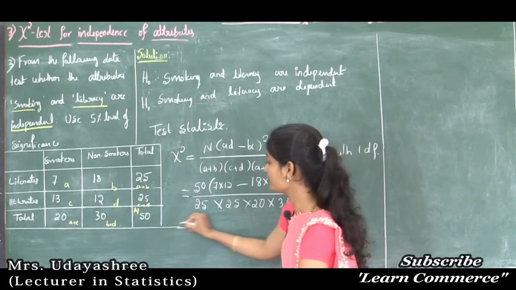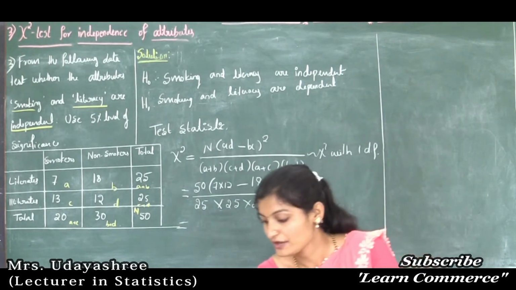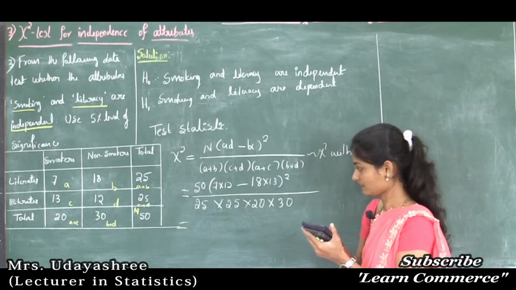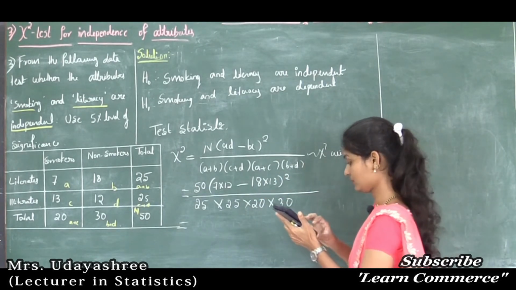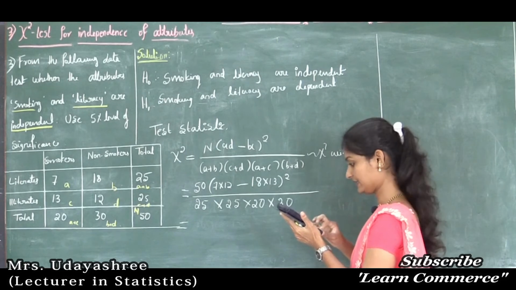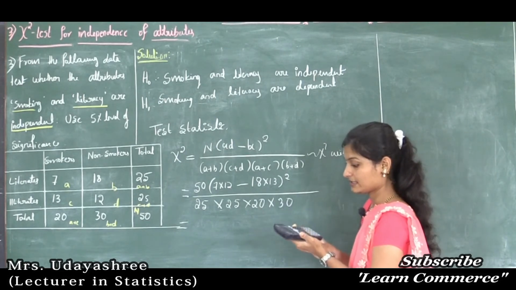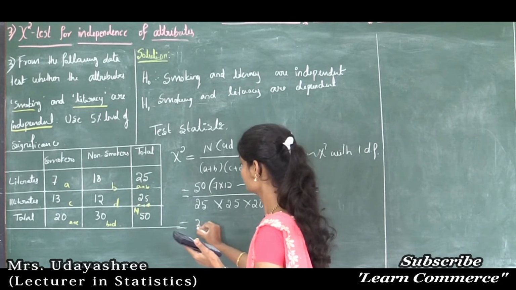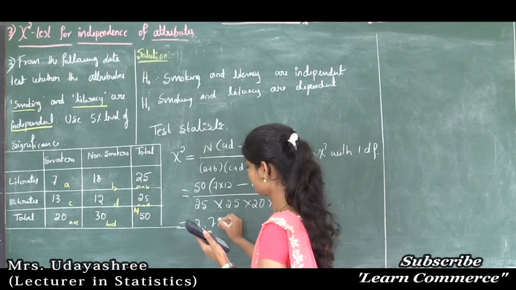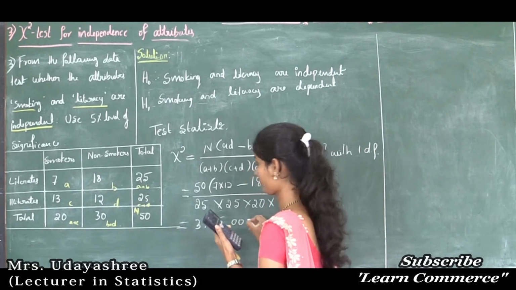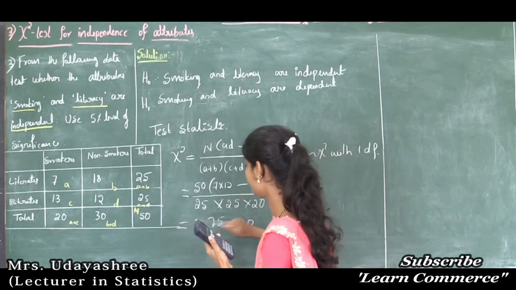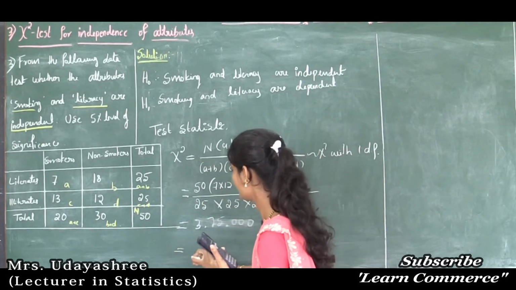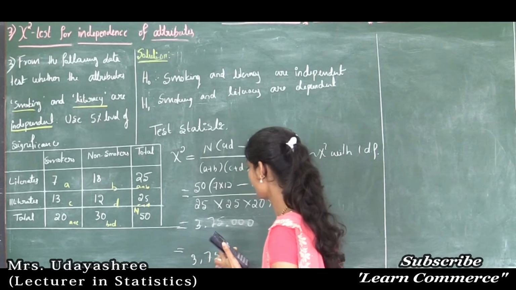This is equal to 25 into 25 into 20 into 30, that is 3,75,000.